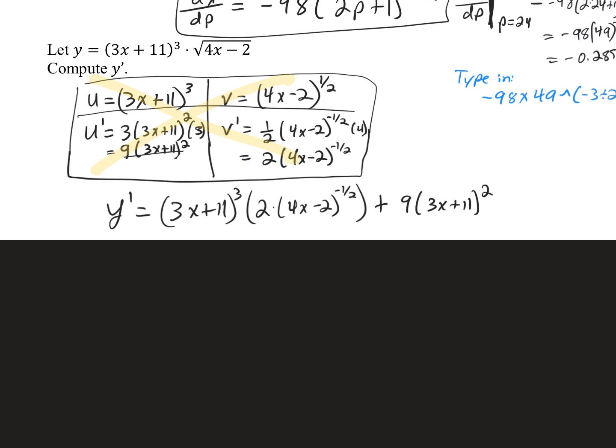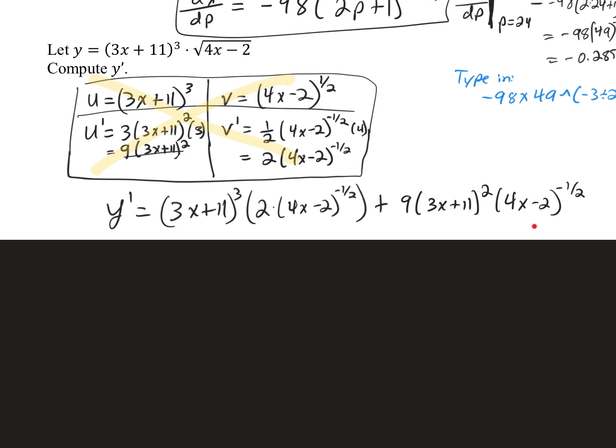And then I multiply it to the top right. So that's (4x - 2) raised up to the negative 1/2. All right, now this is our answer. Please don't try to simplify this. It's not necessarily simplifiable. We could maybe do a little bit, but I'm not going to ask you to do anything with this.